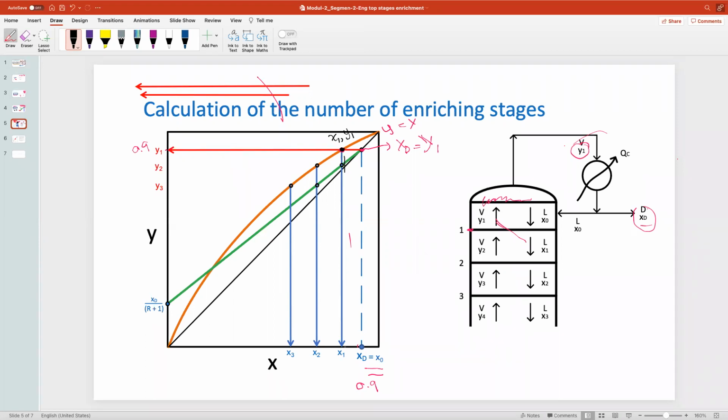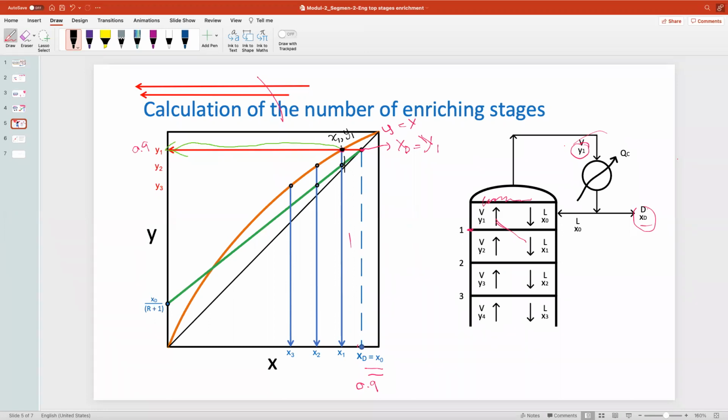What's my question again, Kevin? What is the composition of the vapor Y1? You can draw it again, Kevin. How to read the composition of Y1? Good.